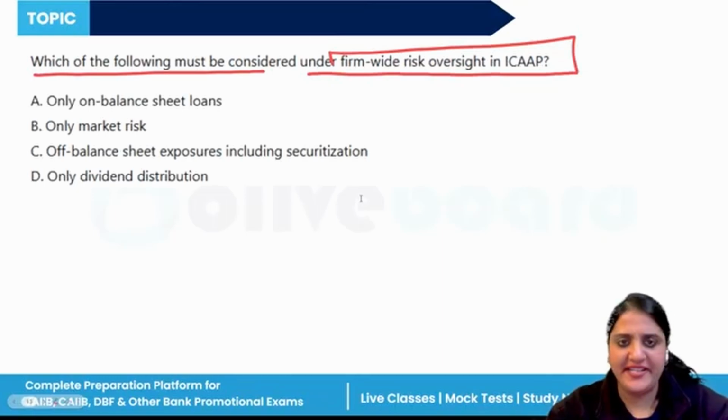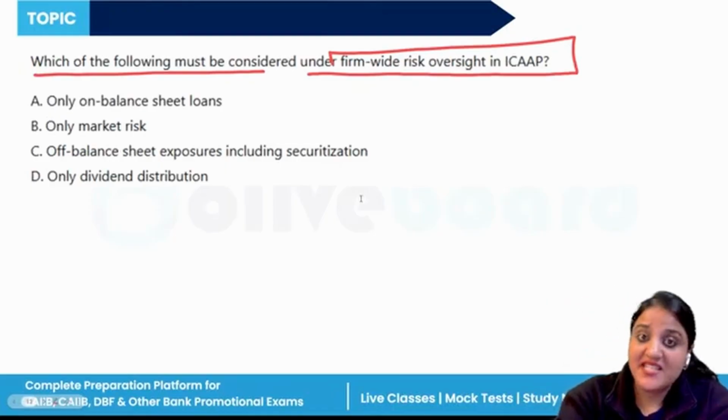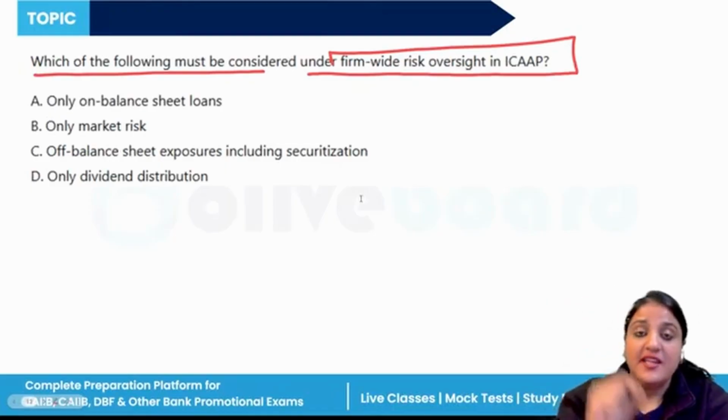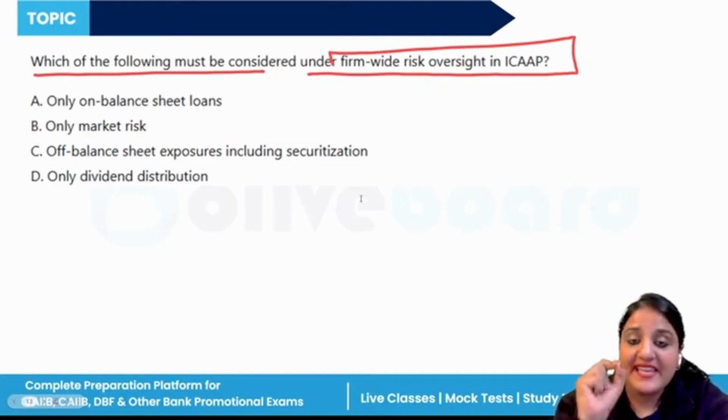A bank gives guarantees and letters of credit, and these do not appear as loans in the balance sheet, but still risk exists. That is called off-balance sheet exposure. ICAP has to consider entire firm-wide risk.